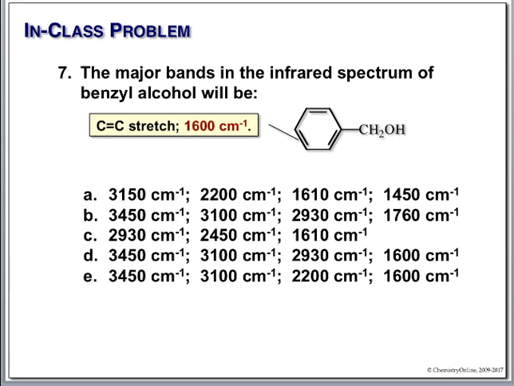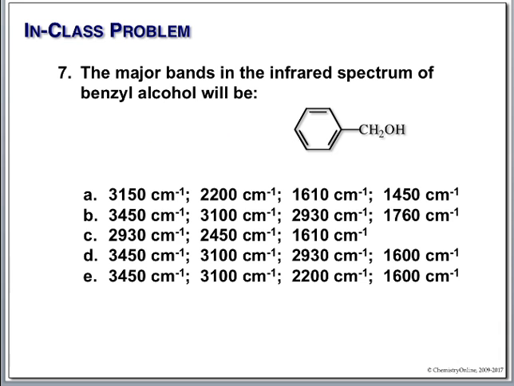So we expect 3,400, 3,100, 2,900, and about 1,600. The one that seems to work here is going to be this guy. Any questions?